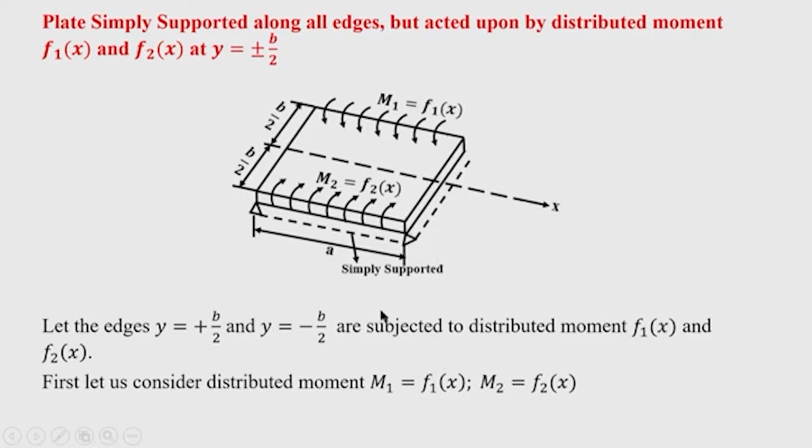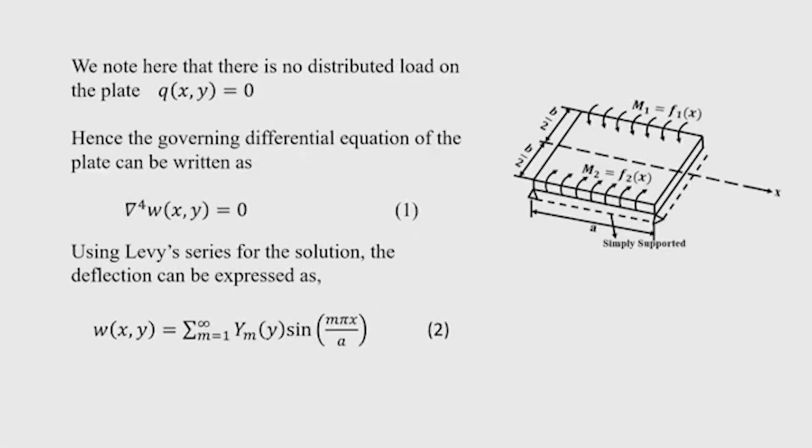Okay. So, let us see that since there is no distributed load, q(x,y) equal to 0, that parameter we know. So, the plate equation is reduced to the homogeneous solution of this fourth order differential equation, del 4 w equal to 0, because there is no load acting on the plate.